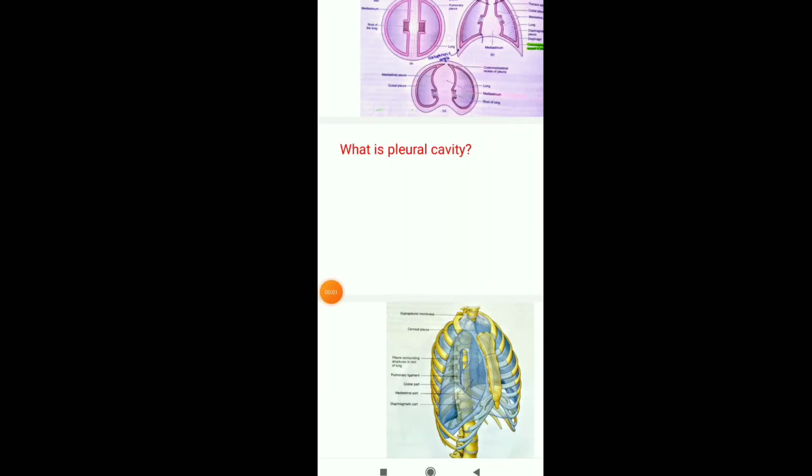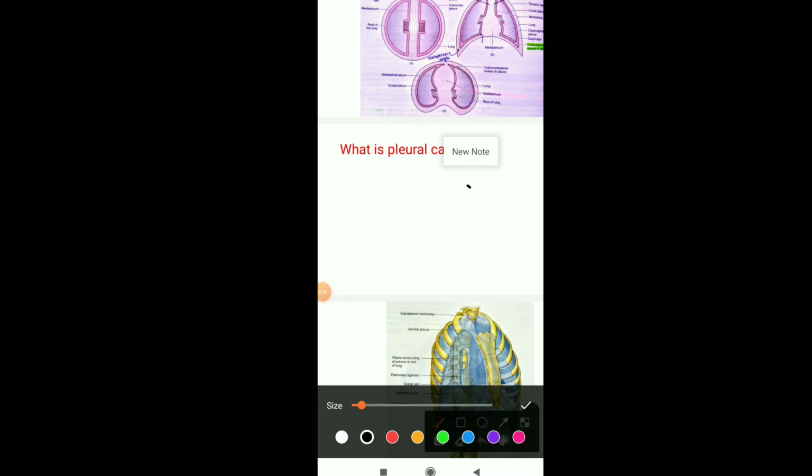So, what is pleural cavity? Pleural cavity is the potential space that is present between parietal pleura and the visceral pleura. I am using the term potential because it is actually very thin.